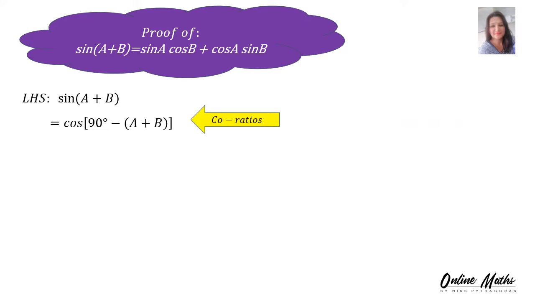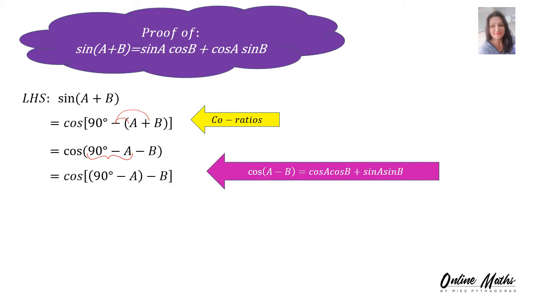And then in the next step, we're going to multiply in the negative, and I'm left with cos 90 degrees minus A minus B. Then I'm going to group this together and I end with cos 90 minus A minus B. And then that is the compound angle for cos angle minus another angle.